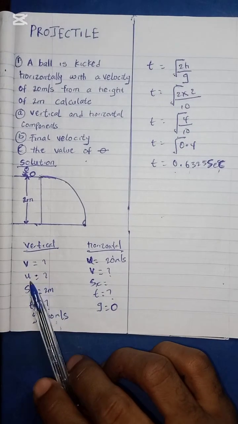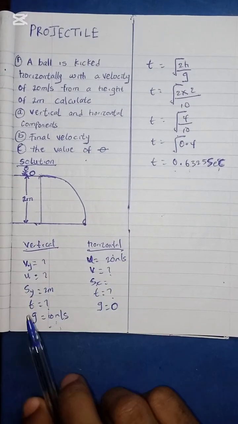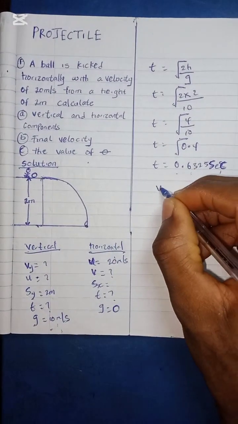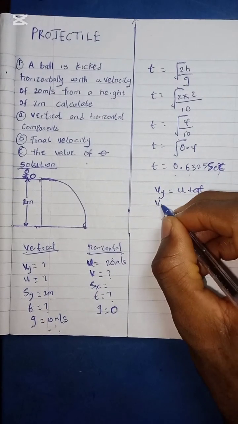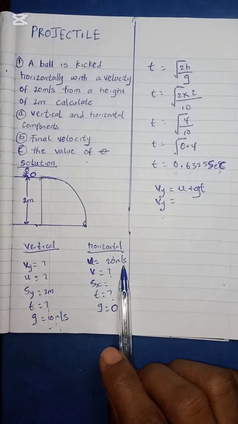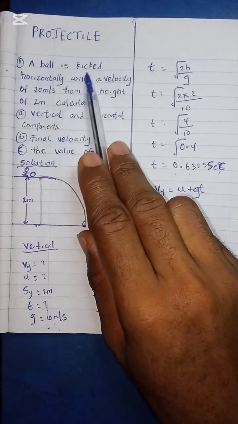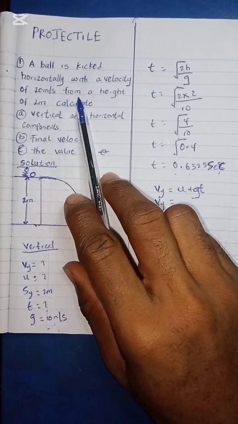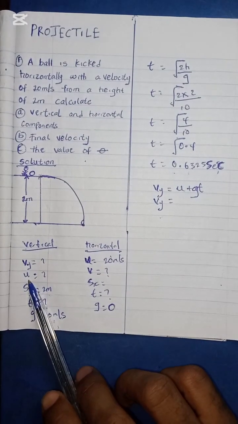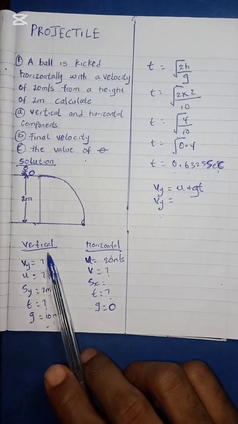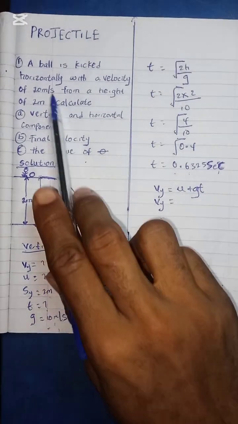So now we can find our velocity for the vertical component. We can say vy is equal to u plus at, or gt. From our question, they didn't give us the u for the vertical component. The initial velocity for the vertical component will be zero, because it was kicked horizontally.